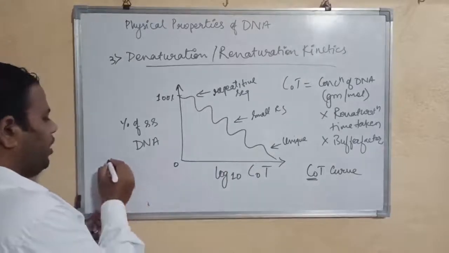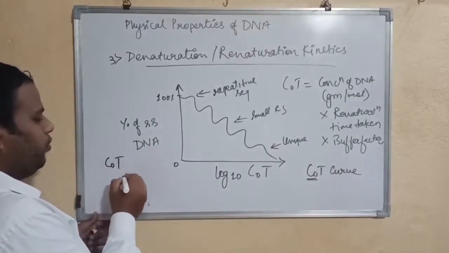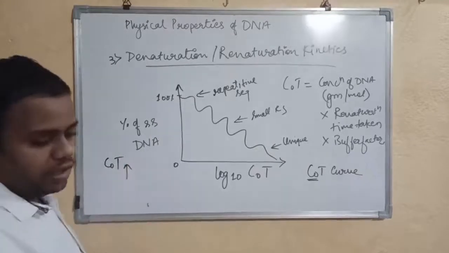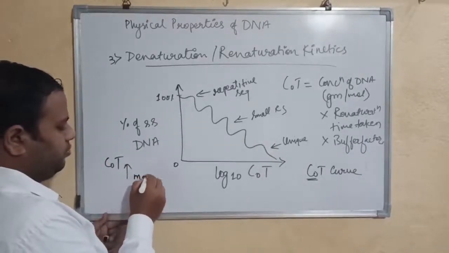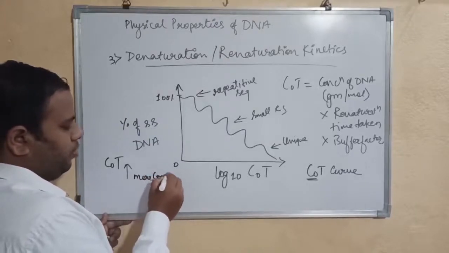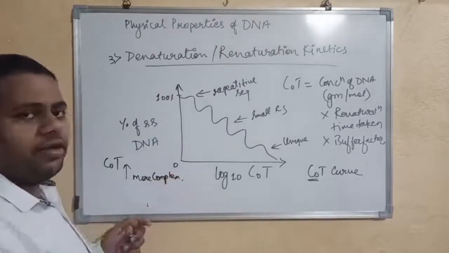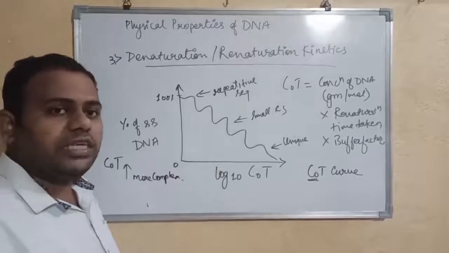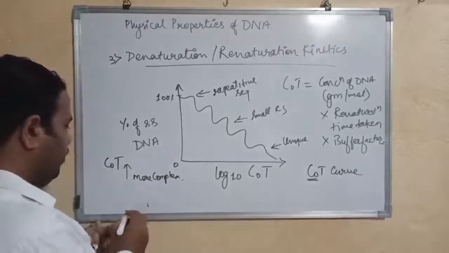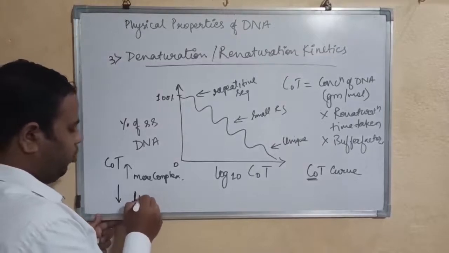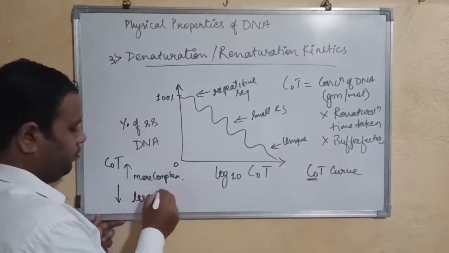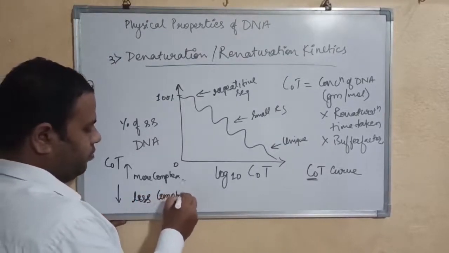So what does this COT value tell us? If the COT value is higher, the DNA is more complex. More complex means it has a large number of conserved sequences or unique sequences. If the COT value is lower, then it is less complex.